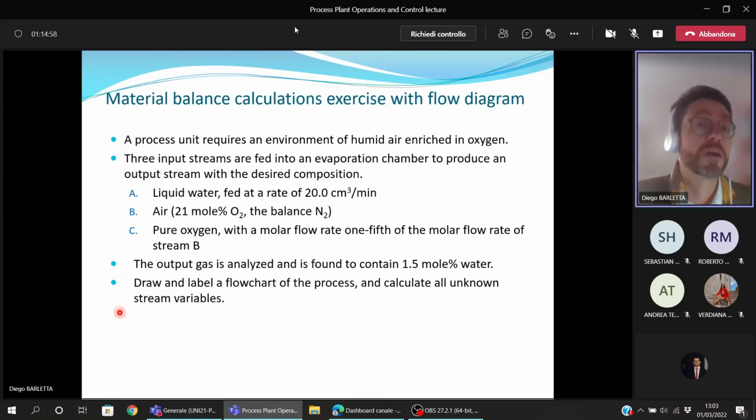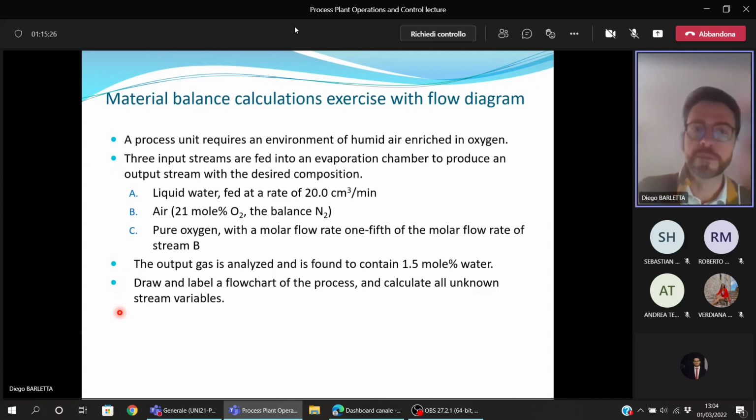We have a process unit description, and from this we want to draw and label a flowchart of the process, and then calculate all the unknown stream variables. So what is the description? We have a process unit which requires an environment of humid air enriched in oxygen.